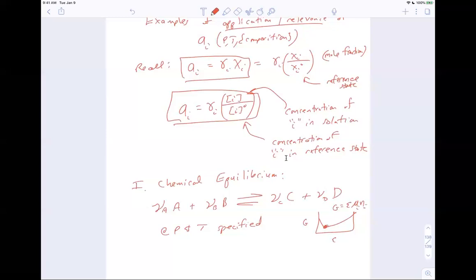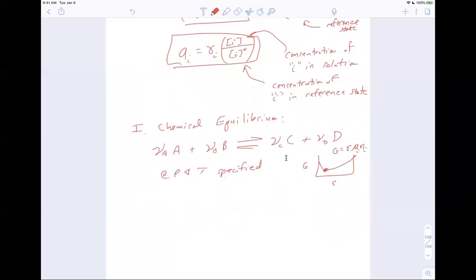I'm not going to go through the whole thing again. It's in the notes and in the text. After going through dG d epsilon equals 0 for having equilibrium, we came up with a condition: the sum of nu i mu i is equal to 0, where i goes over A, B, C, and D for this case, but it's actually all of the chemical species.